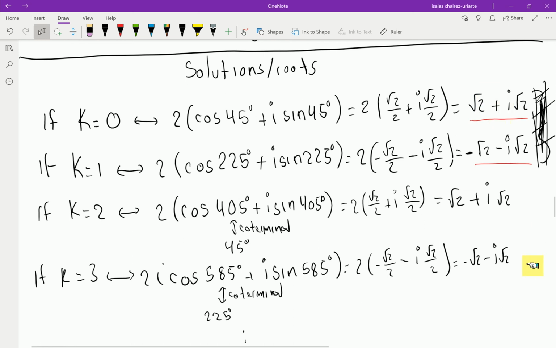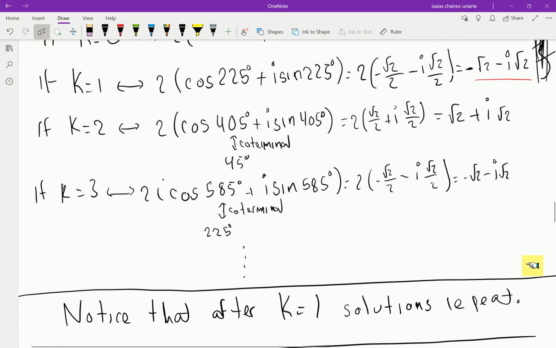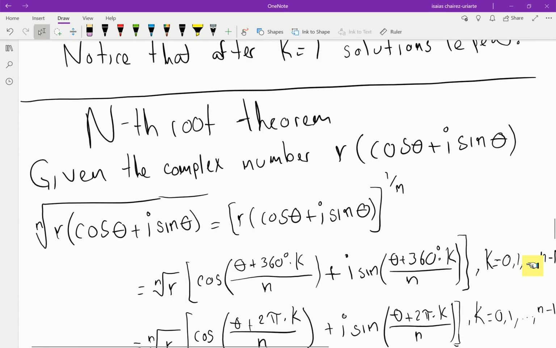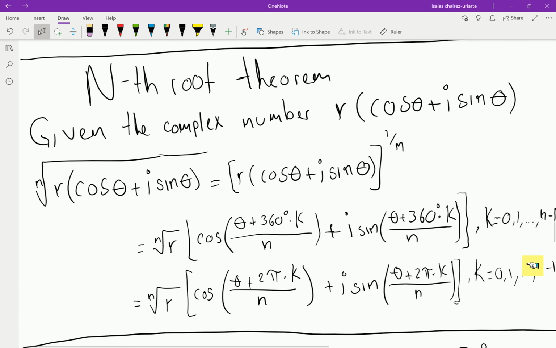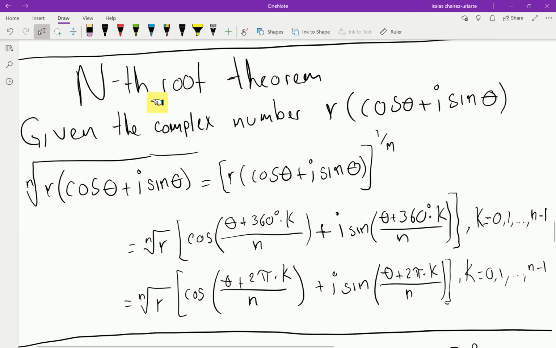Okay, now let me give you the statement of what's called the Nth Root Theorem. And hopefully that last example motivates this theorem a little bit. So given the complex number r(cos θ + i sin θ), if you want to find the nth root of that complex number, remember, finding the nth root is the same thing as raising your complex number to the 1 over n.